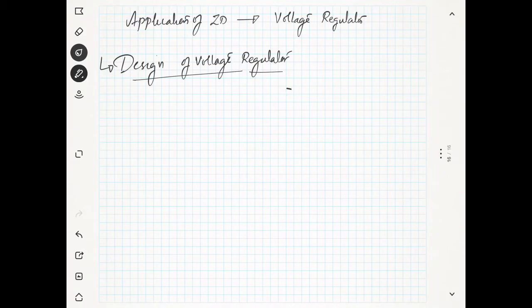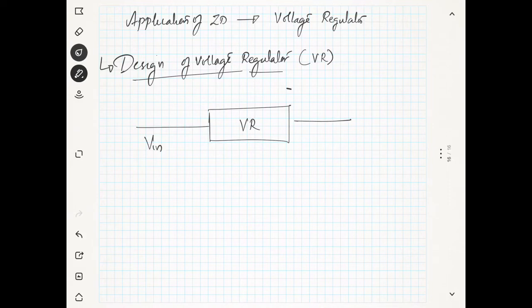Suppose this is the voltage regulator, and I will use the abbreviation VR. You have an input. This input may be the output from a rectifier after filtering. You have an AC signal, and you may use a full wave rectifier.